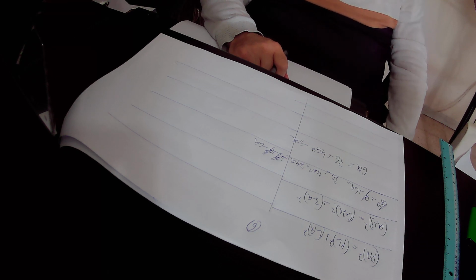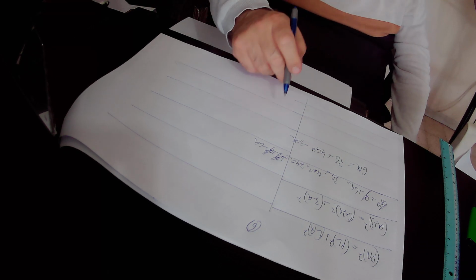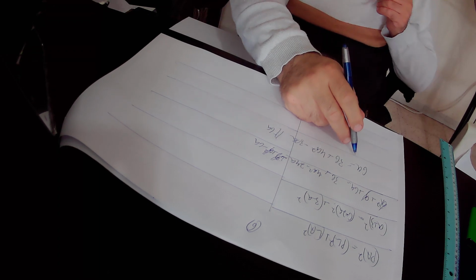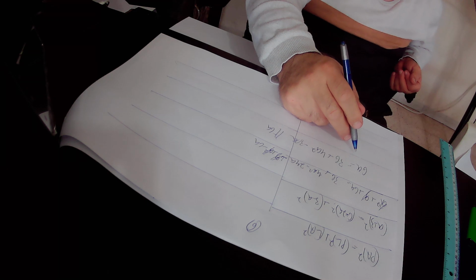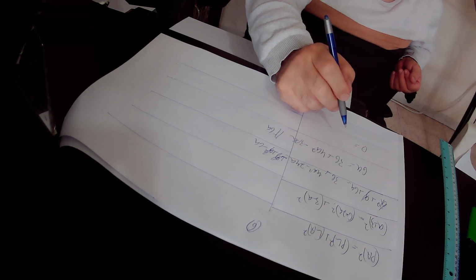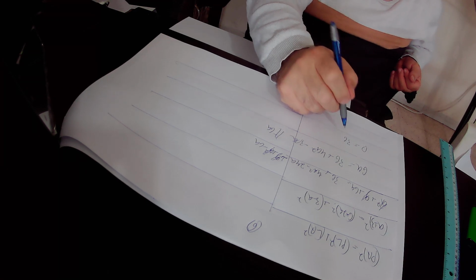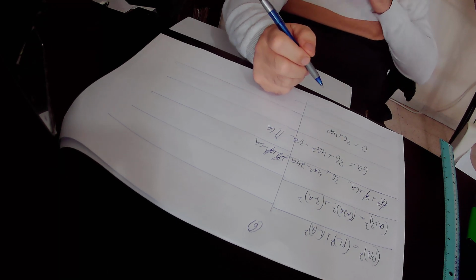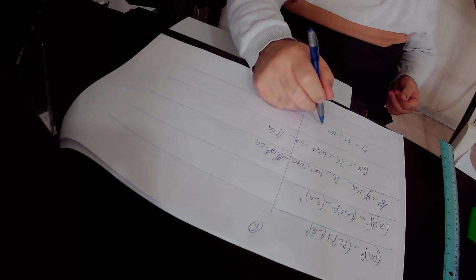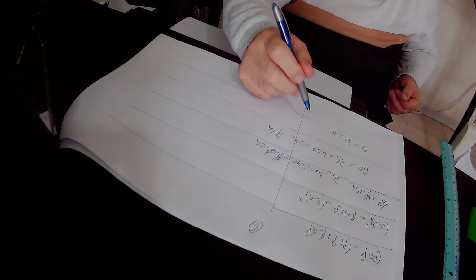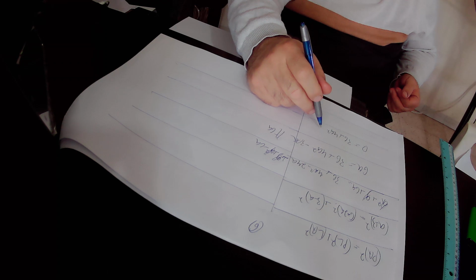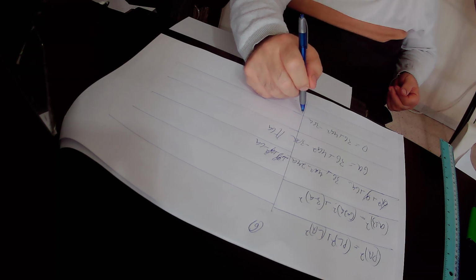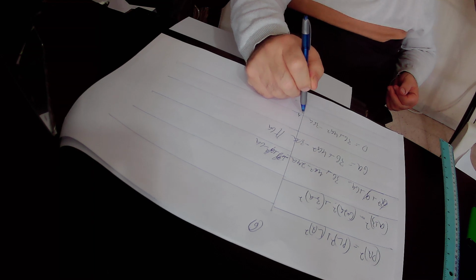So here we subtract 6A from this equation and you get that 6A minus 6A is 0 equals 36 plus 4A square minus 30A minus 6A, that is minus 36A. So here we divide this equation by 4.